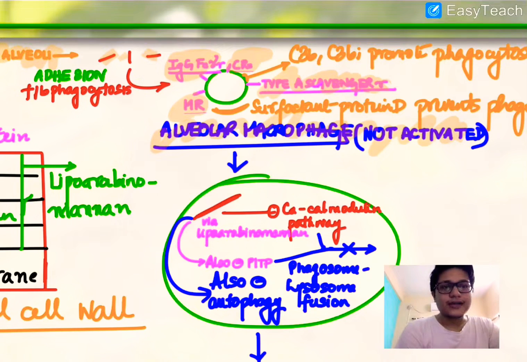So these are 4 classes of receptors to which the bacilli can bind. Following adhesion, there will be phagocytosis. Now you have to remember that C3b and C3bi, that is, these complement products, will promote phagocytosis. On the other hand, surfactant protein B will in fact prevent phagocytosis.